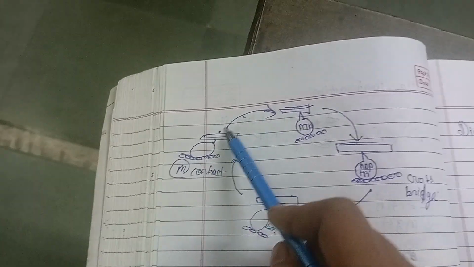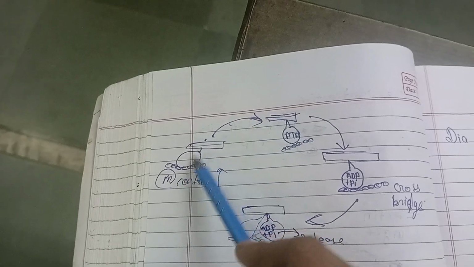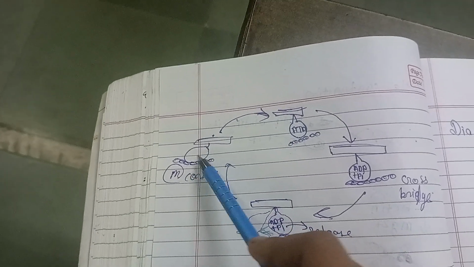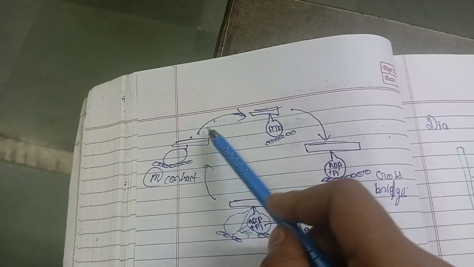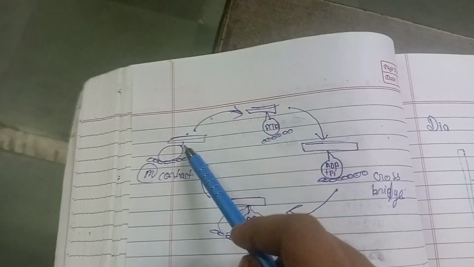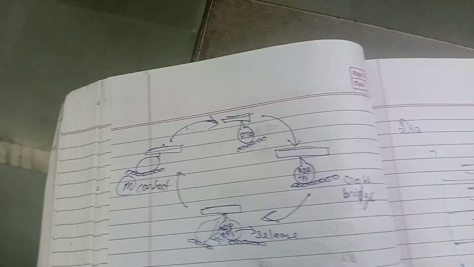When the binding site on the head is empty, ATP comes again and the muscle relaxes.